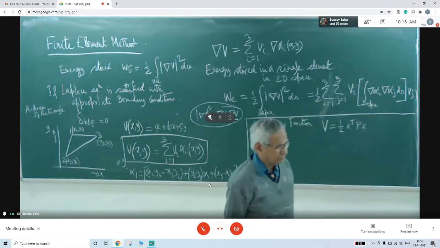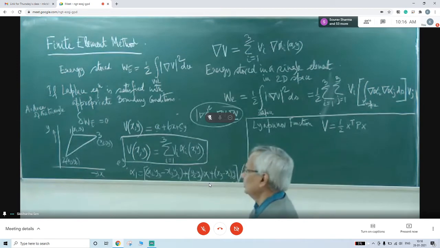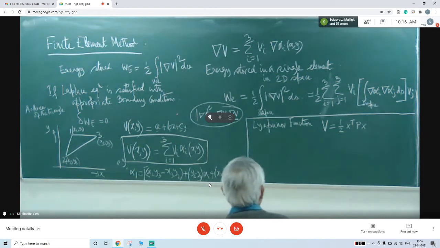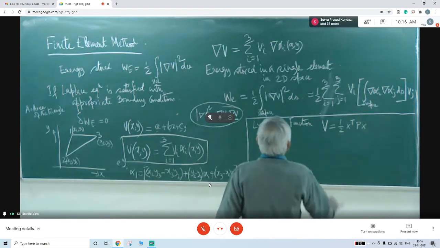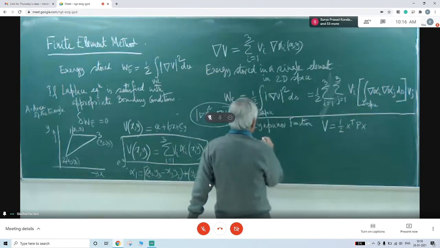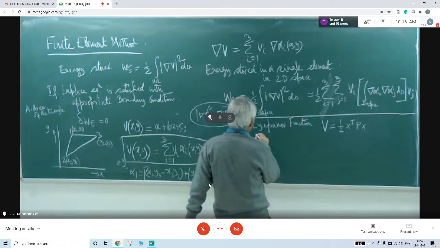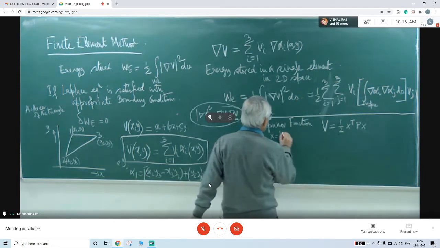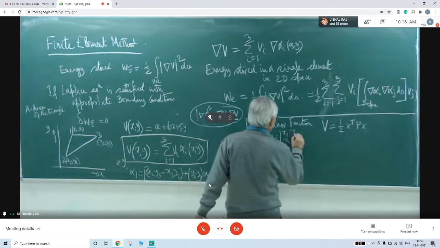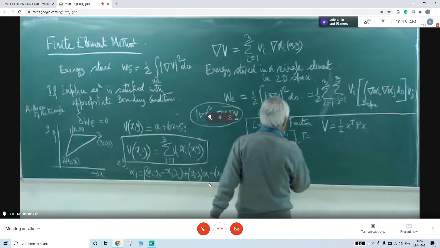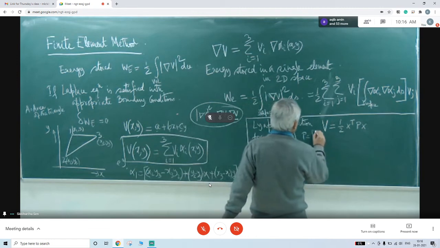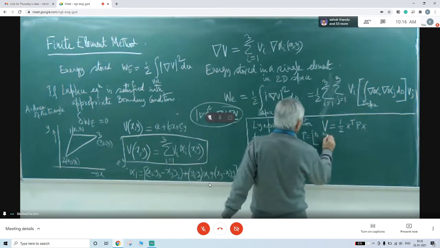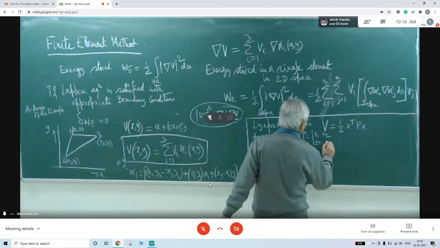I think all of you are familiar: x is a vector, P is a matrix, and x again is a vector. I would do a little simplification for this. Small x is equal to x1, x2, and P is, that means a 2D system, P11, P12, P21, P22.